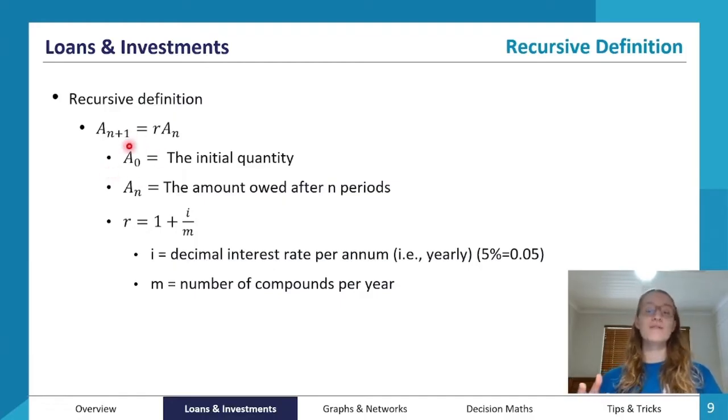So if, for example, someone invested $2,000 into a bank account, then $2,000 would be a0 because that's the initial starting point of the money. An is the amount owed after n periods, or the amount made if it's an investment.